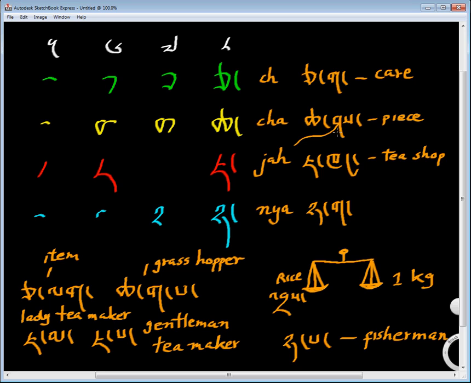Cha, shi, meaning peace, apart. Cha, ka, nga, kang, chakang. Chakang meaning tea shop. Nya, nya, ka, nyaka. Nyaka meaning balance scale.